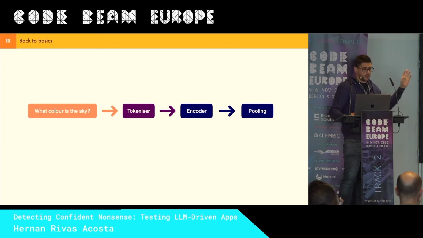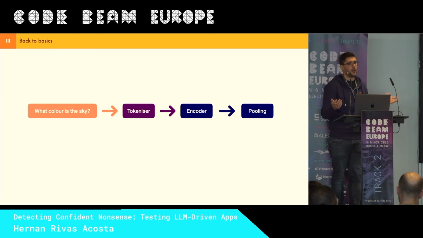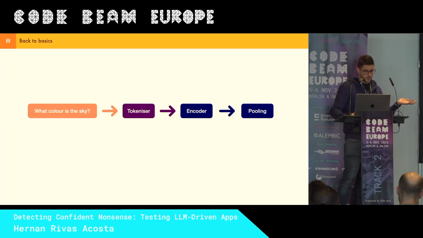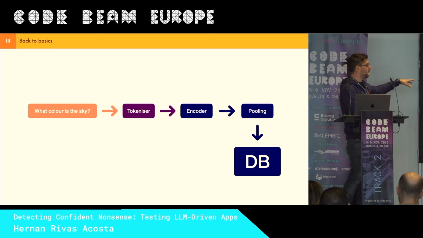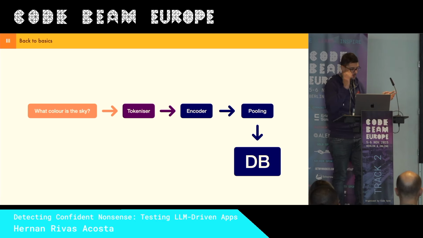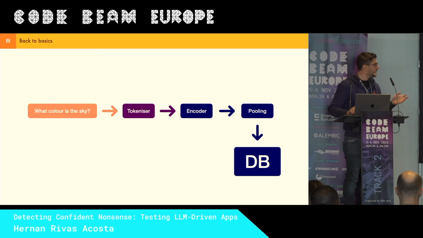Then you do something called pooling. You're doing token by token, but you have a full sentence. So a classic way to do pooling to get a single vector out of all of this is to get the average. That is mean pooling, and it's actually the most common way to do this. Then you go to the database with this vector and say, hey, do you have anything whose vectors are relatively similar to this? You would use something like cosine similarity for this, but the idea is the same. The distance is what matters.